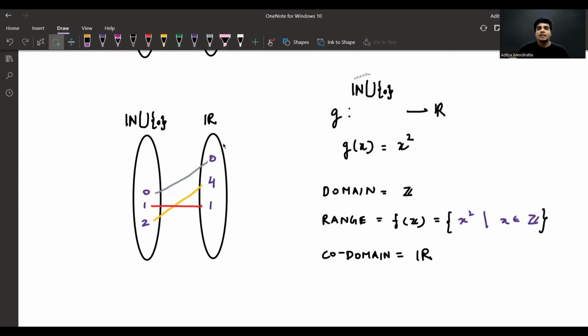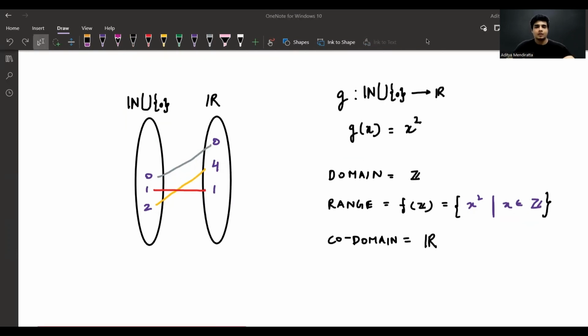That is, the range set over here will have only one unique pre-image in the domain set. You can check that. Yes, 4 has one pre-image, that's 2, 0 has one pre-image, that's 0, 1 has one pre-image, that's 1. Every element of the range set.